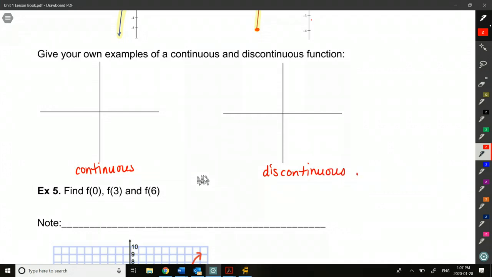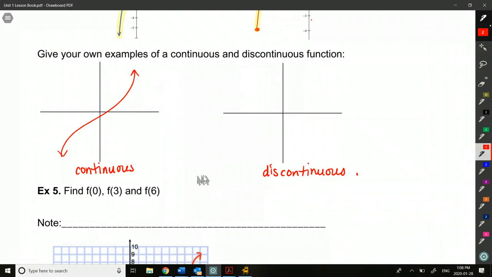Okay, what did you guys write for your continuous one? Just like this? Something like that? Yep. So something maybe like this. Okay, that one's continuous. Perfect.